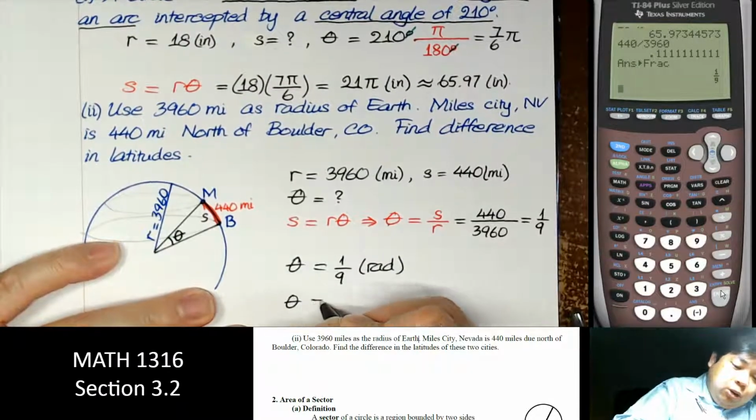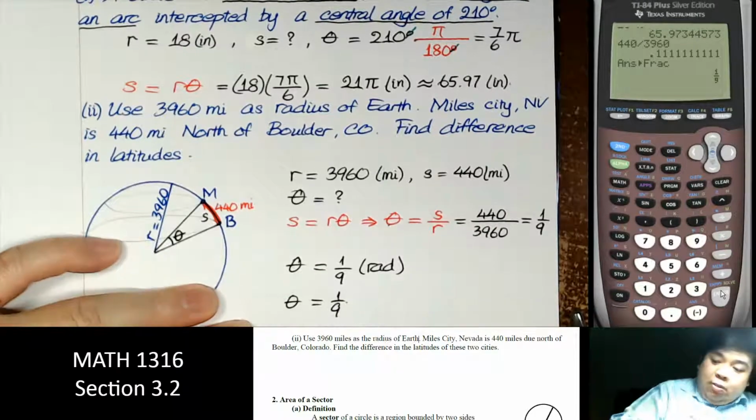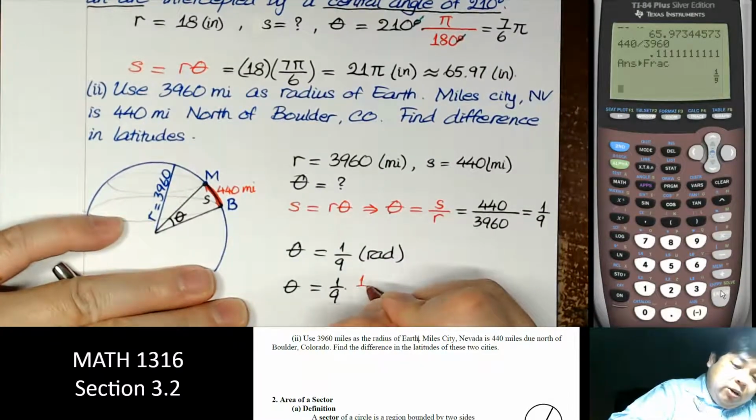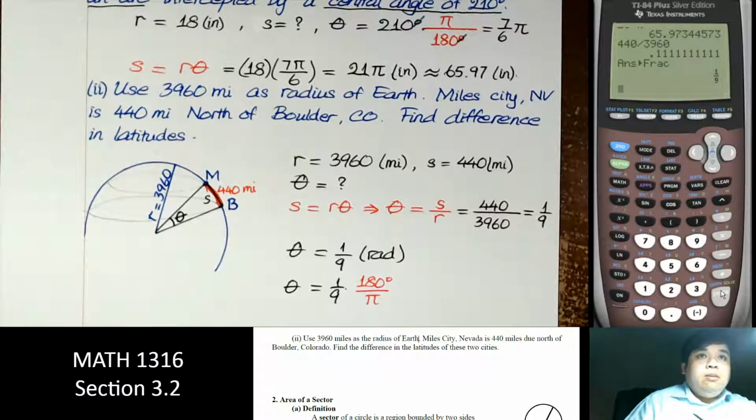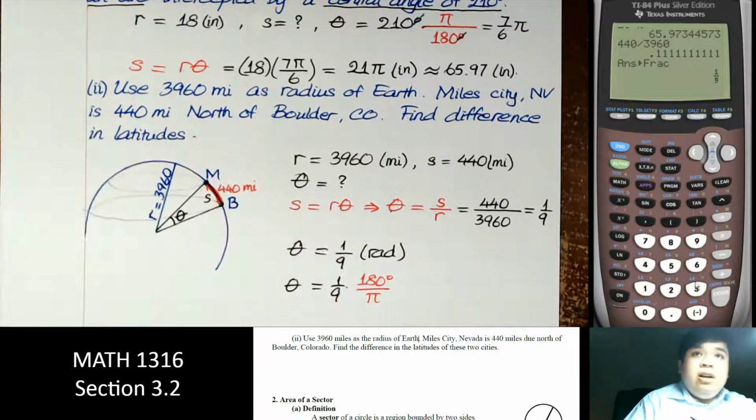So theta equals 1/9. If I want degrees, I put degrees on the top and radians at the bottom: 180 divided by 9 pi.